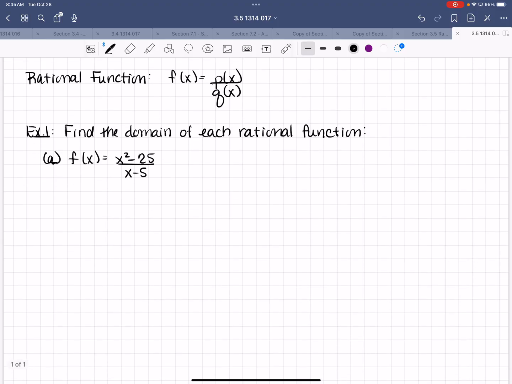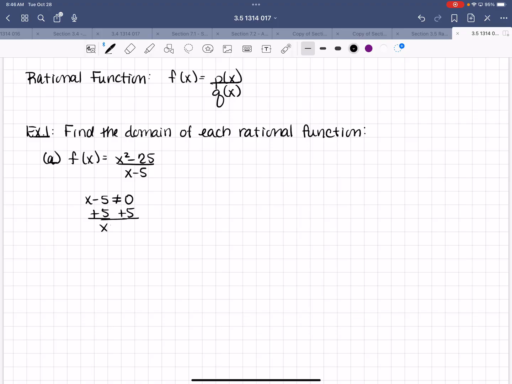All right, so when we're looking for domain, we ask ourselves, is x in a denominator? Yes, it is here. And I know that when I have x in a denominator, that denominator cannot equal 0, right? Okay, so I know that x minus 5 cannot equal 0. I'm going to add 5 to both sides.